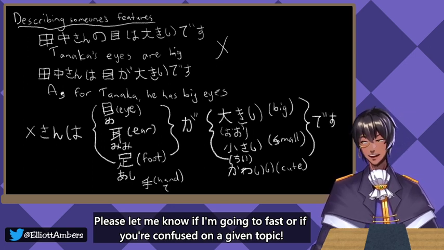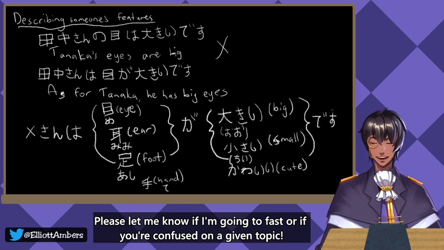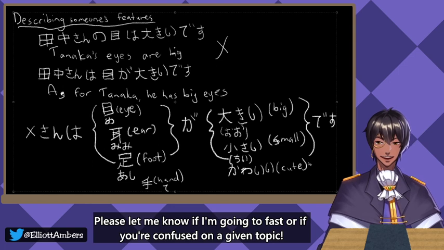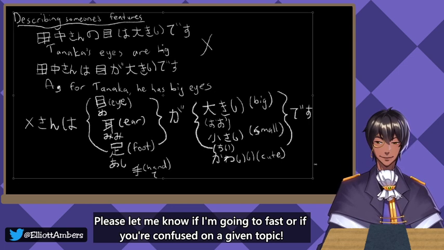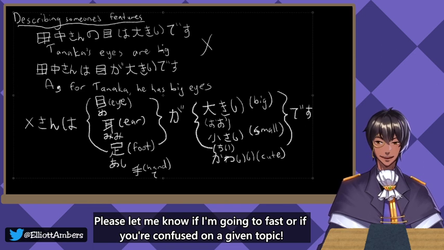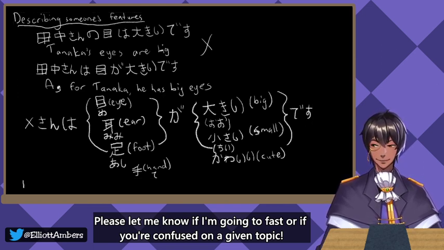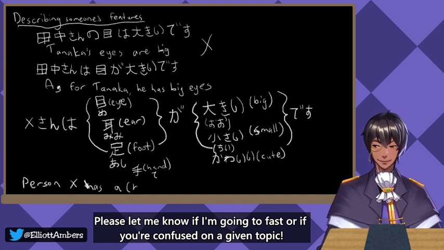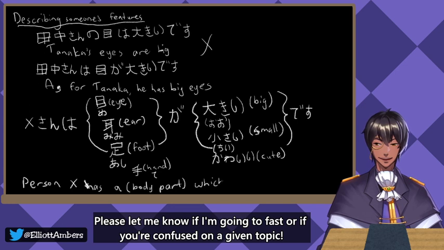And essentially what this means is person A has body part, which is blank. Let me actually resize this a little bit more, just so I can fit in the translation as well. So we could say person X has a body part which is adjective.